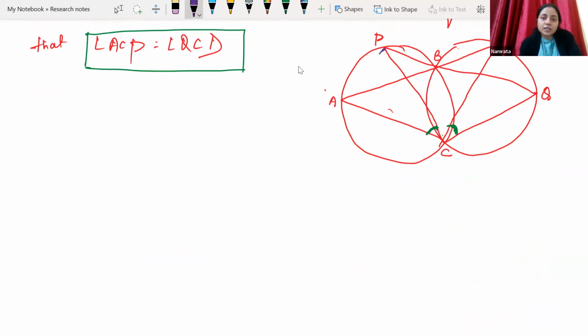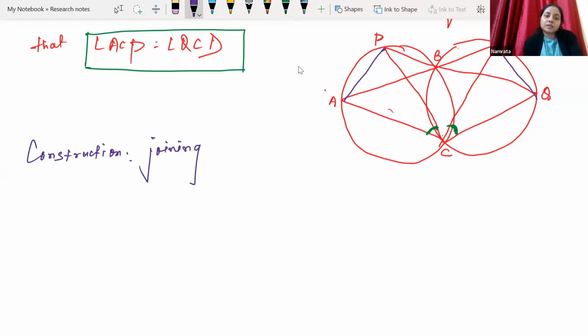We can join A with B. We can join this D with Q. Okay, construction we are doing by ourselves. That is joining A and P as well as Q and D. Okay, we are joining it.